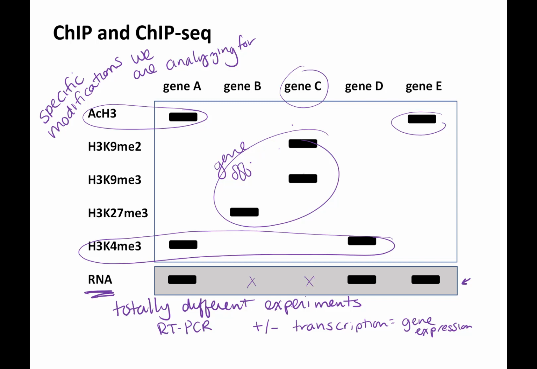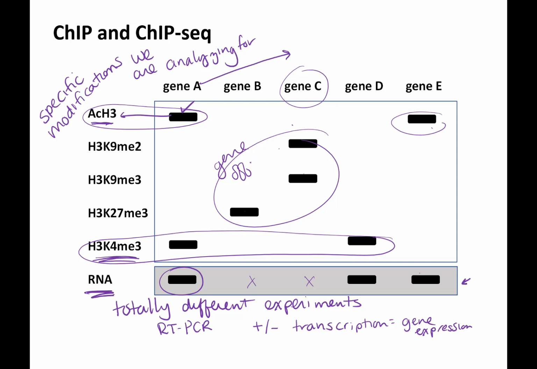So understand the kind of data I could give you is just saying, okay, yes, we detected gene A, and it was associated with this histone modification, and the RNA tells us that gene is on. So the histone code for gene A is acetylated H3, H3K4me3. That was its code for gene on.